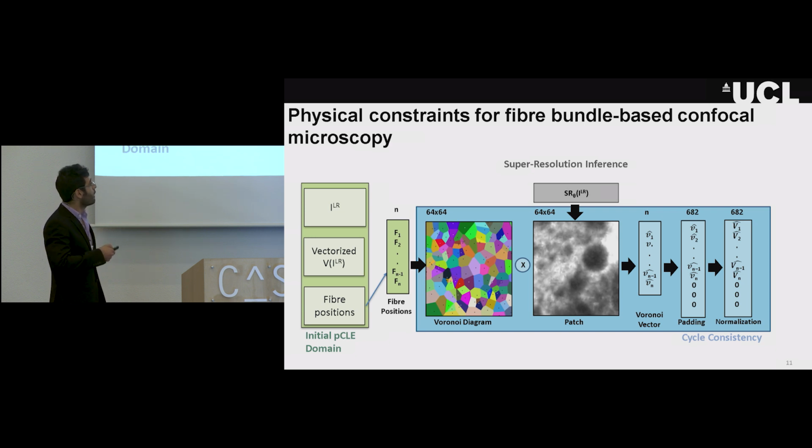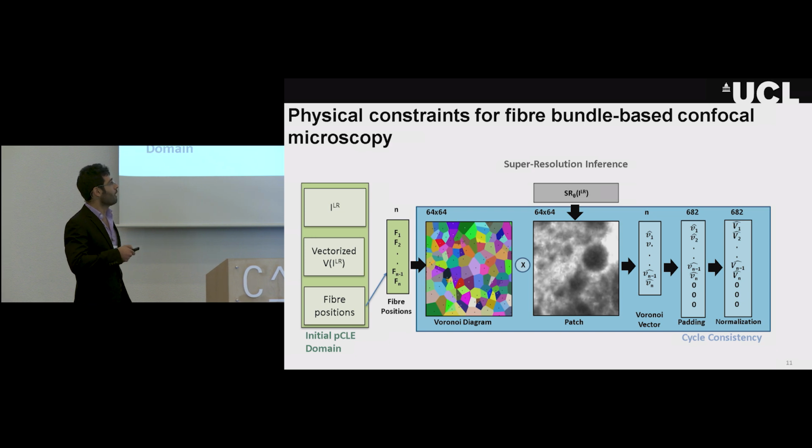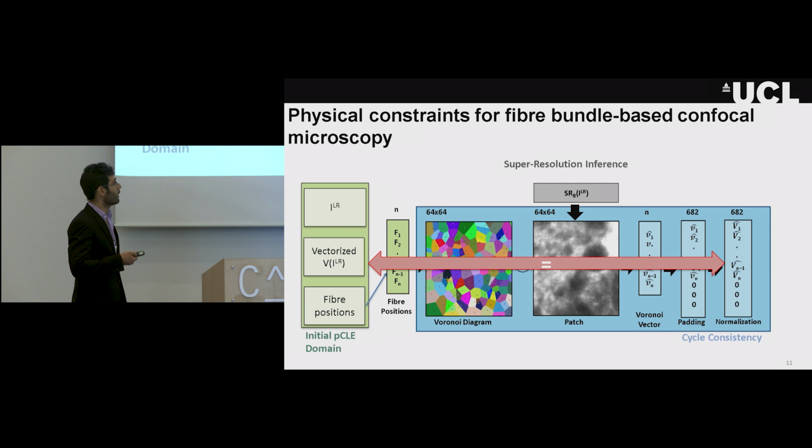Then, using the patch, we average all the pixels in each region, simulating the point spread function of each single fiber. Then we create this Voronoi vector, and we add a padding and a normalization to make the process parallelizable and faster in training. And we impose through a loss function that these two vectors will be similar.